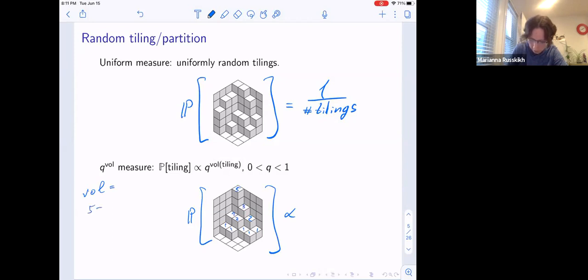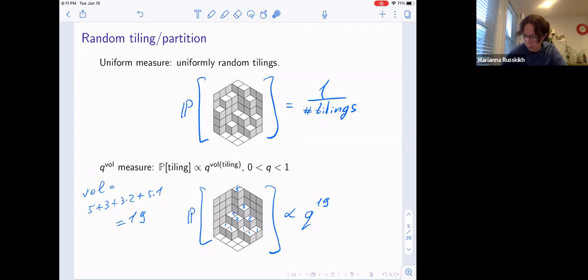So the volume is 5 plus 3 plus 3 times 2 plus 5 times 1, which is 19. So the probability of this configuration is Q to the 19. And note that this Q to the volume measure gives us a probability measure even if we look at the infinite set of all plane partitions.